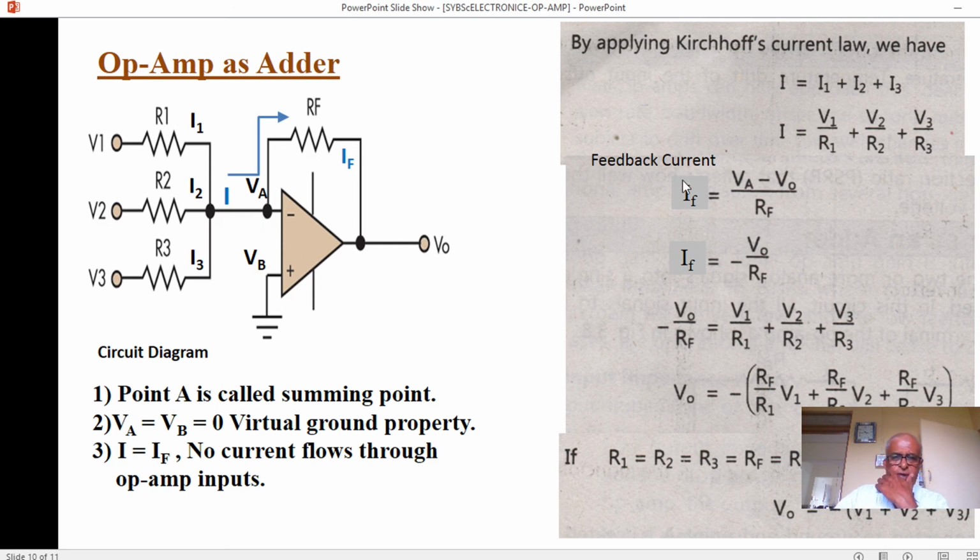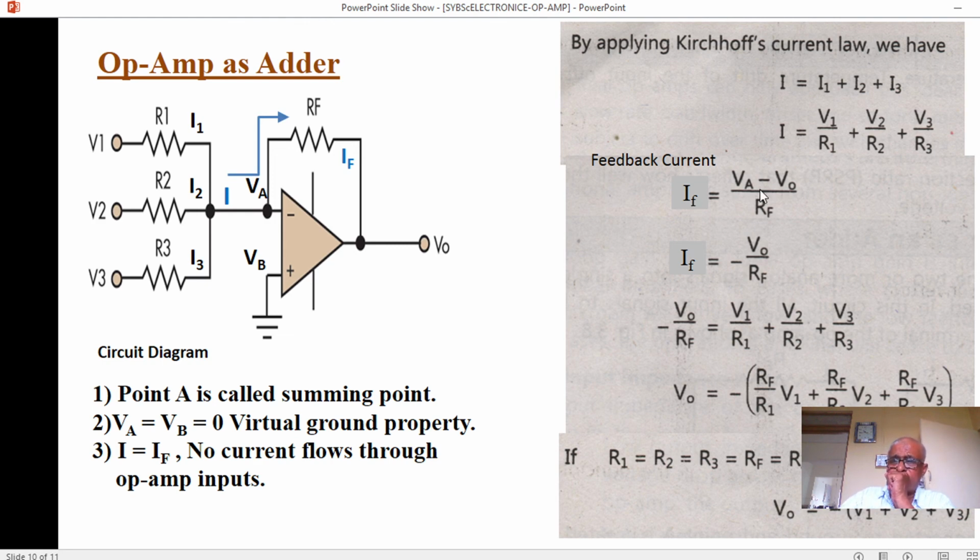Now to write the feedback current through the feedback resistance, we denote it as IF. This is equal to the voltage on the left side of the resistance RF, which is VA, minus the voltage on the right side, which is VO. This difference in voltage is the drop across the resistance RF, and dividing the voltage by the resistance gives us the current IF.